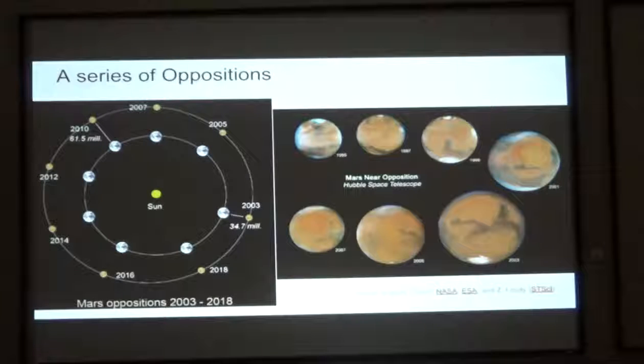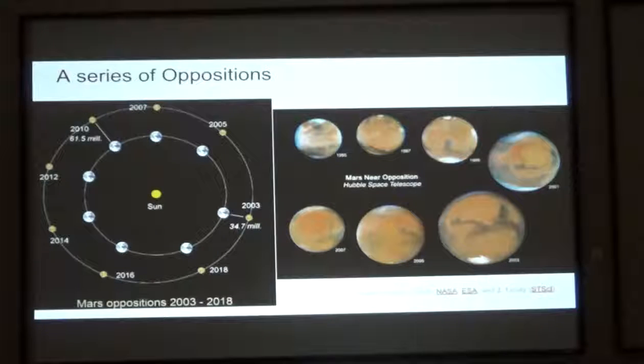Every 26 months, you have another opposition that slowly rotates around the orbit. You have 2003 the closest, right at your 3 o'clock position, and then at about 5:30-ish, there's this year's opposition. You can see that it occurs in a place where the orbits are closer but not quite. And then in 2035, it will be just a little bit higher up, so not quite as close as 2003.